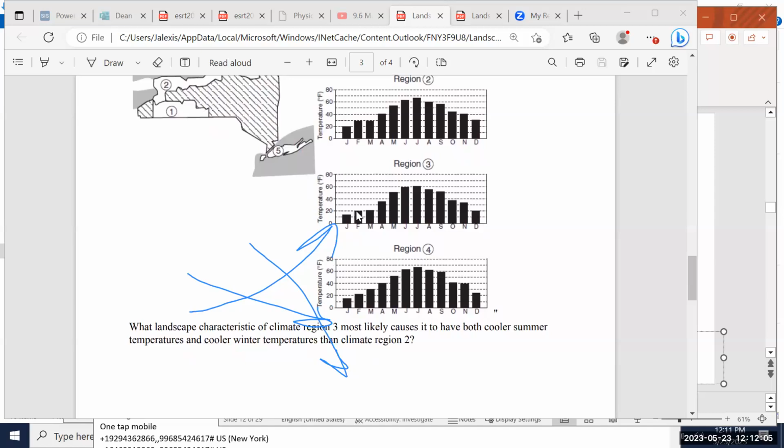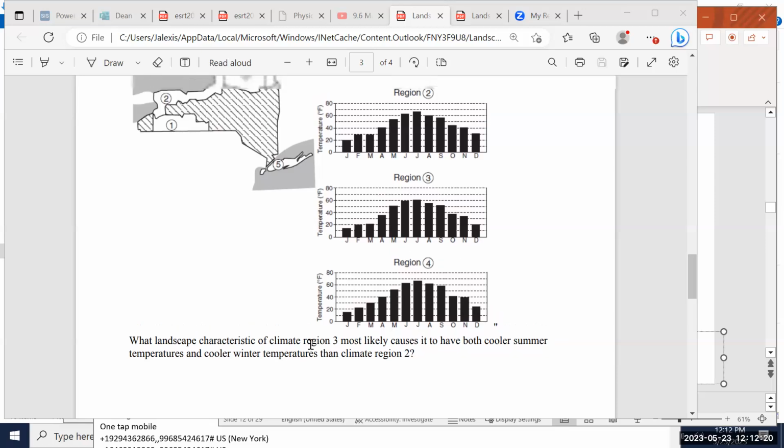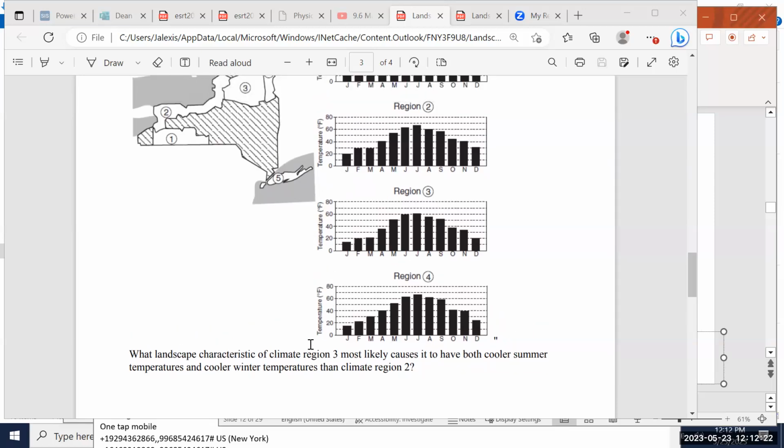So then it says, what landscape characteristic of climate region 3 most likely causes it to have cooler summer temperatures and cooler winter temperatures than climate region 2?